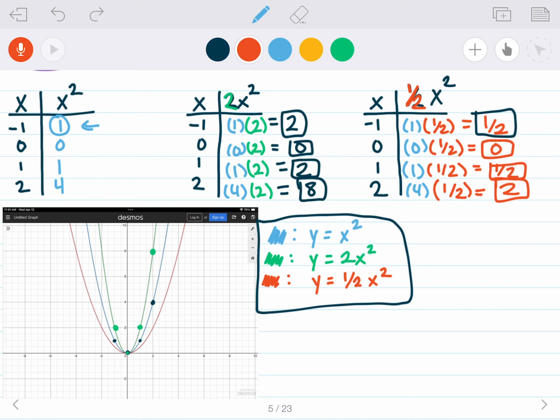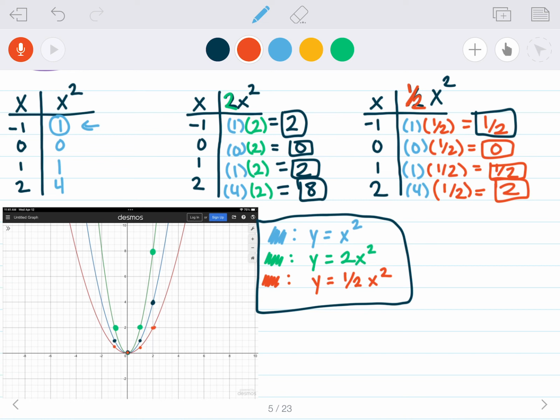Let's do our red points. So we have -1/2. So that's going to be right here. 0, 0, origin, 1/2, 2, 2.